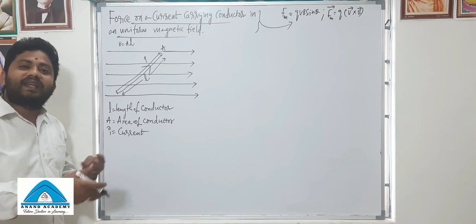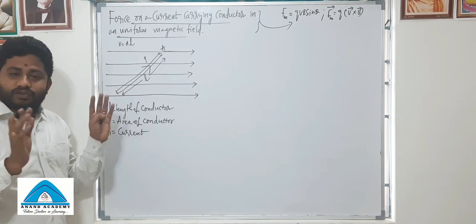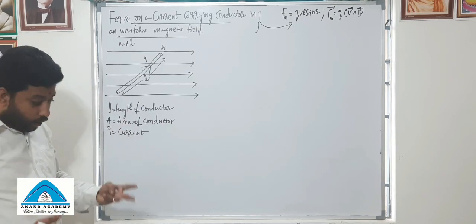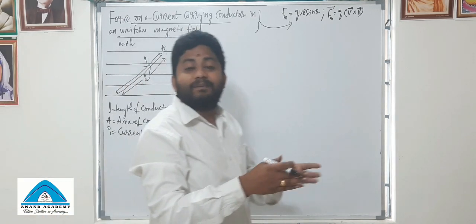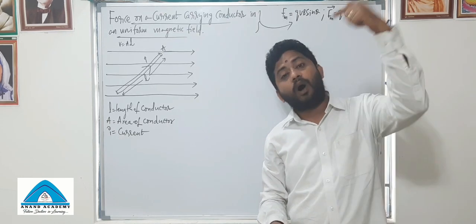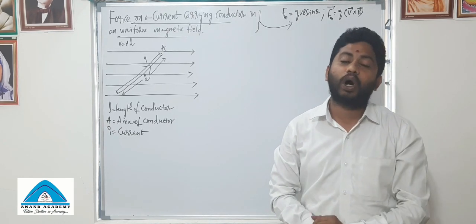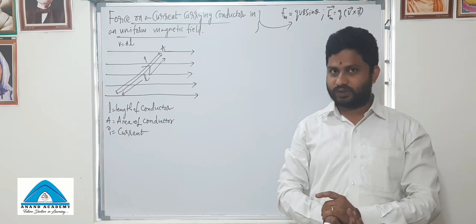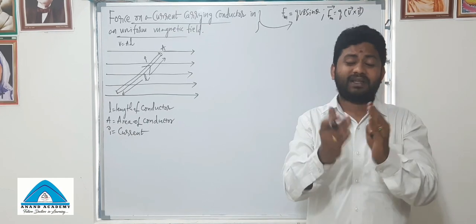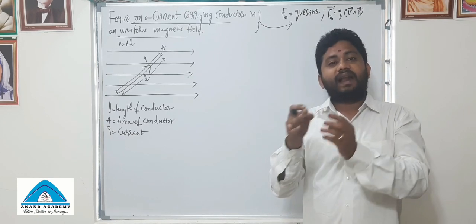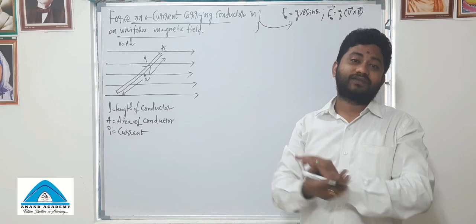Current is what? The series of flow of charges. That's called the current here. So let us consider the charge is a positive charge, because the flow of current means the flow of positive charges, which is in the opposite direction of the flow of electrons. Those are the free electrons. I hope you remember this. Now, a current flowing conductor will have a series of flow of positive charges.